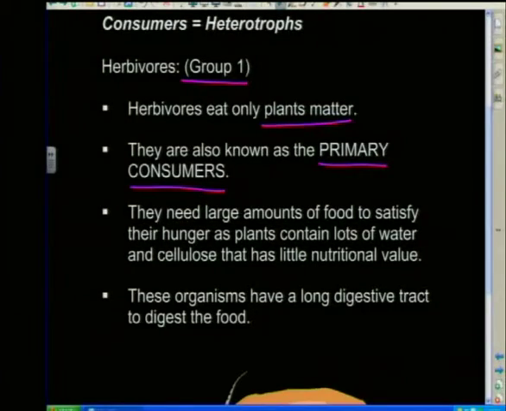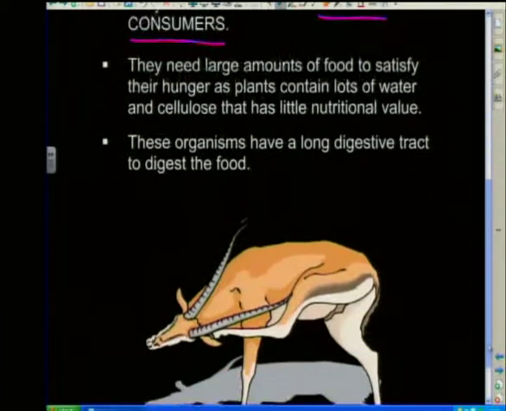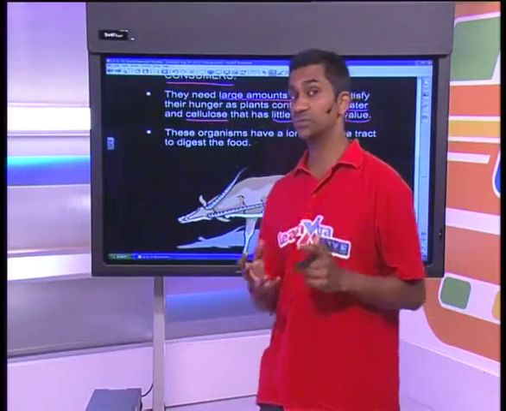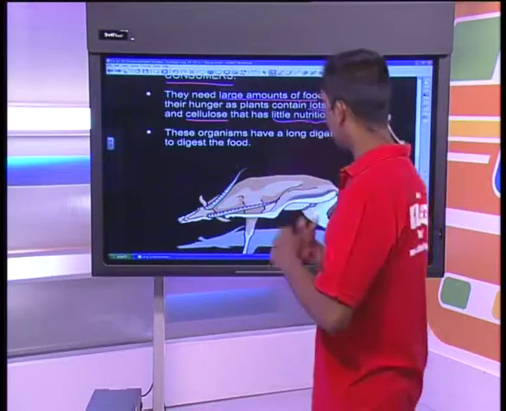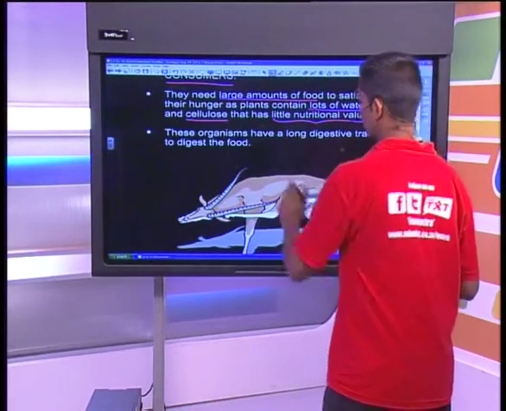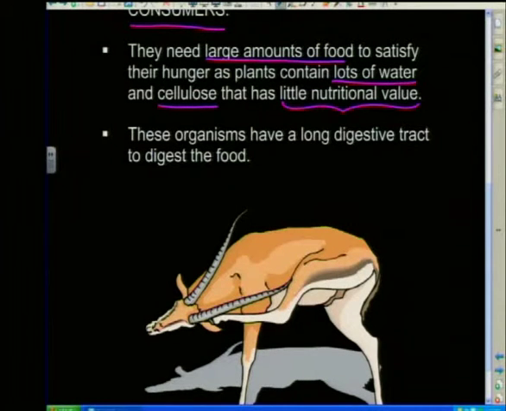And if you think about some examples of our primary consumers, we'd see that these organisms need large amounts of food to satisfy their hunger, as plants contain lots of water and cellulose, and this has very little nutritional value. And hence, these organisms would tend to eat a lot of food to satisfy their nutritional needs. So these organisms would have long digestive tracts to digest their food.